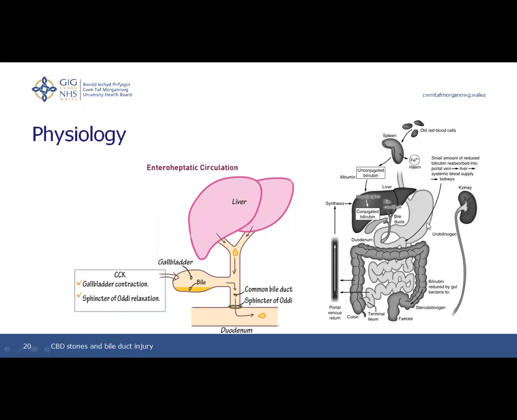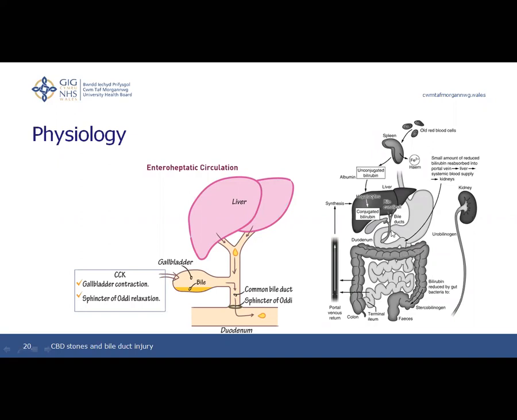The most important thing which I would like to stress here is the formation of stercobilin and urobilinogen. The urobilinogen is absorbed into the blood, and it is converted to stercobilin.